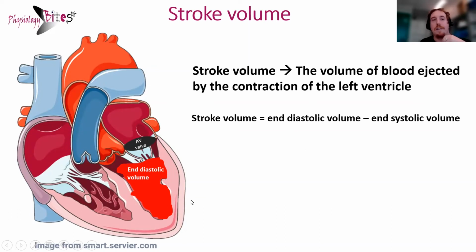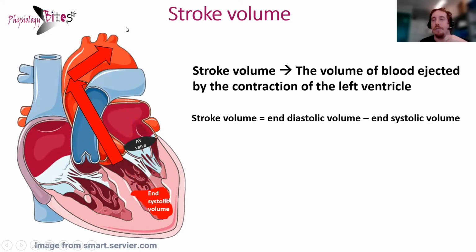Then that ventricle will contract, expel a certain amount of that blood through the aorta, and that's our stroke volume. But then what's left in the heart is our end systolic volume. And so this is the amount of blood left at the end of a ventricular contraction, systole. So we have the amount of blood left before contraction of the ventricle and then after. The difference between these two is our stroke volume.